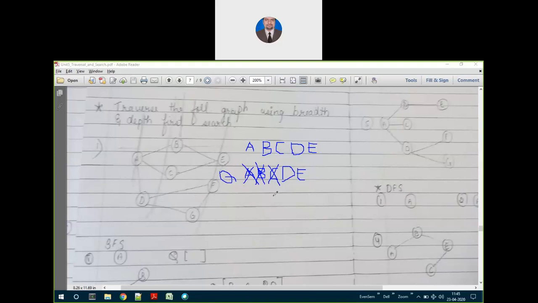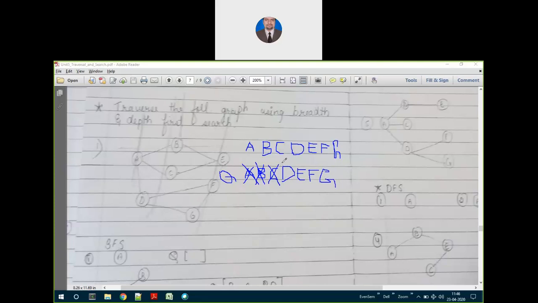F and G. So I will add F first into the BFS and into the Q. After F, the next vertex is G. From D, G is also connected, so I will add G into the visited array as well as into the Q. Now from D, its adjacent vertices are A, F, and G, and all three are visited.